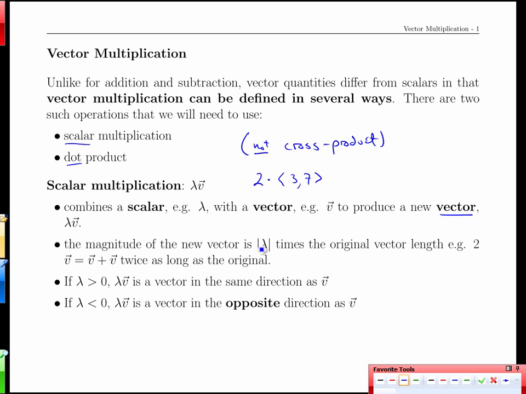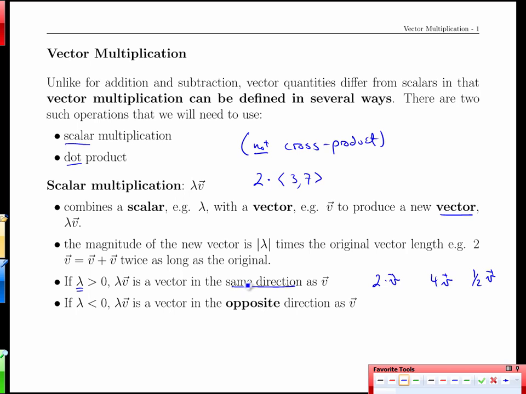The idea of this is what you might expect when you multiply something by, say, 2, is that we're going to get something that's 2 times the original vector in length, and it's going to be the same direction. Up to a little asterisk here. If we multiply by a positive number, like 2 times a vector or 4 times a vector, then we just change the length, or we could also multiply by a half.